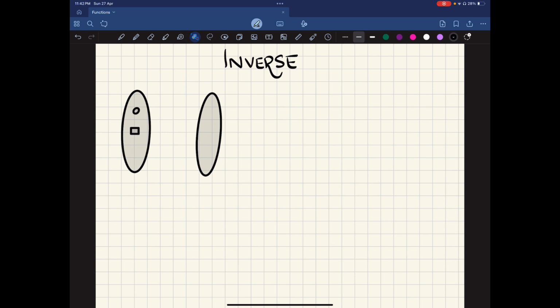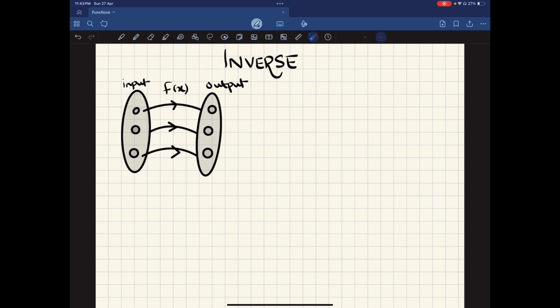These are your input values, and the function f of x is mapping them onto the output values. So this is your input and this is the output. What is the inverse function doing? The function that maps these output values back to the same input values is called the inverse function.